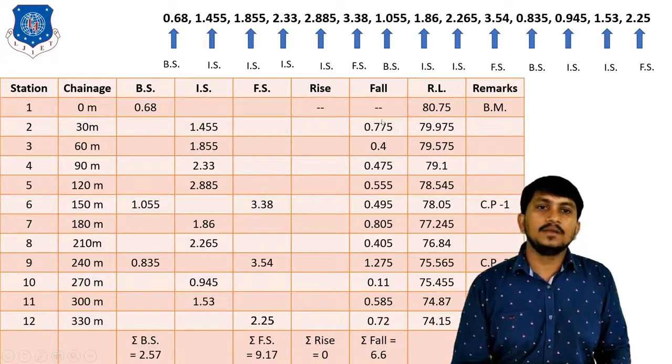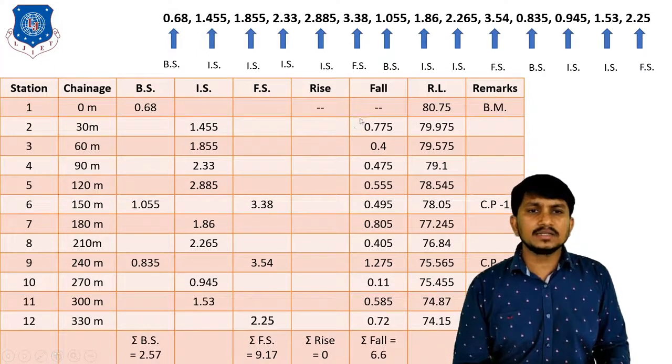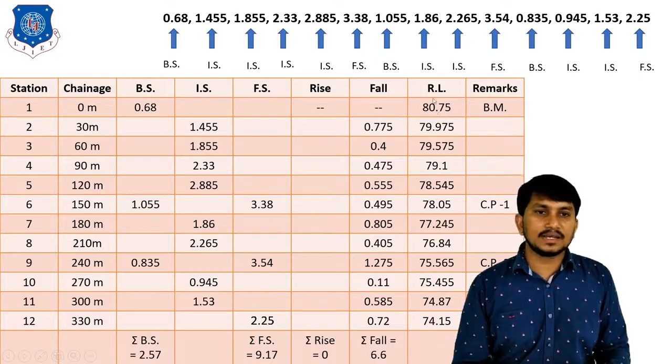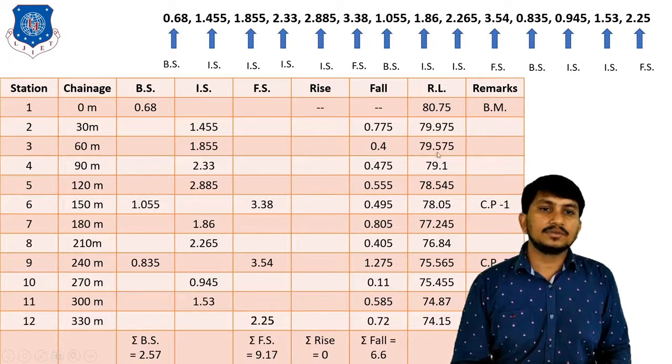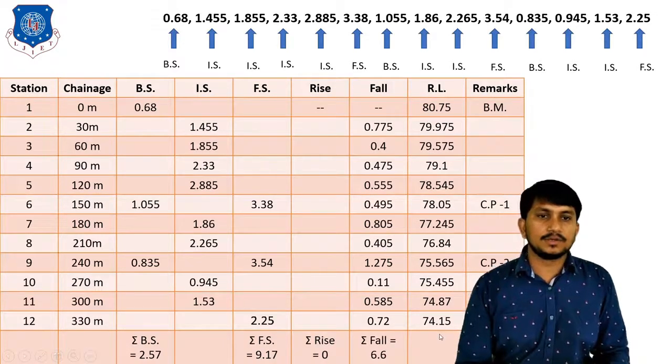Here there is a fall, so we deduct this fall value from the preceding RL. So 80.75 minus 0.775 gives 79.975. In the third station there is also a fall, so it should be deducted from the preceding RL. 79.975 minus 0.4 gives 79.575. This is how we can calculate the RL of all points.